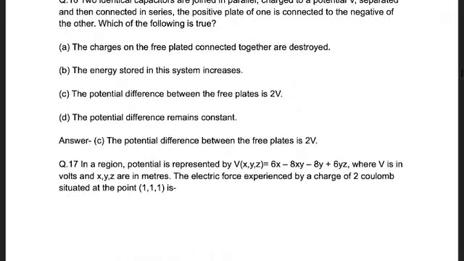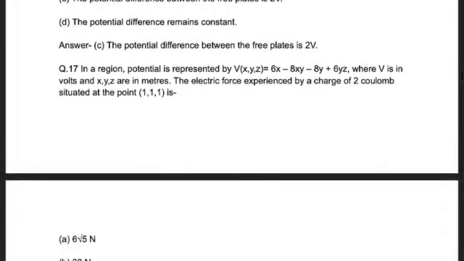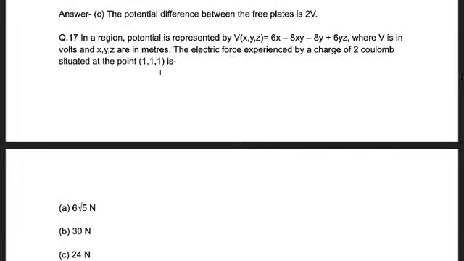Question number 17. In a region, potential is represented by V(x, y, z) = 6x minus 8xy minus 8y plus 6yz, where V is in volts and x, y, z are in meters.